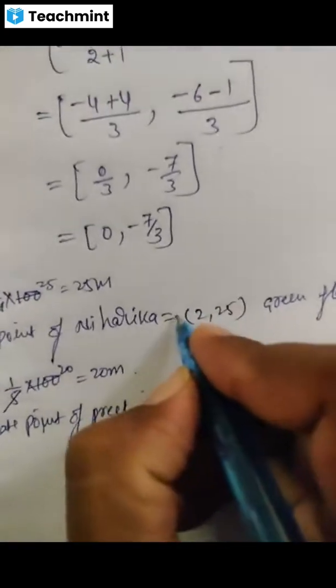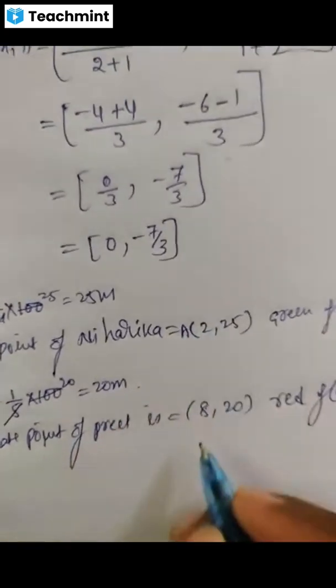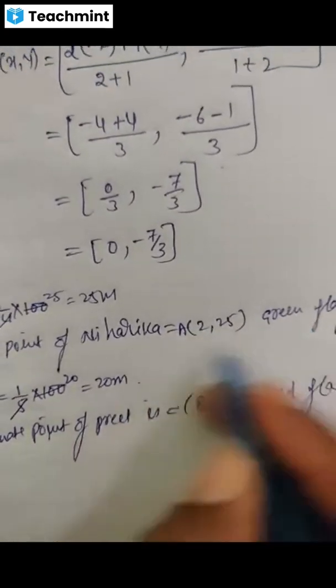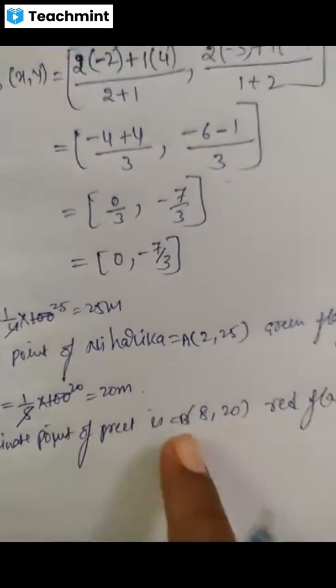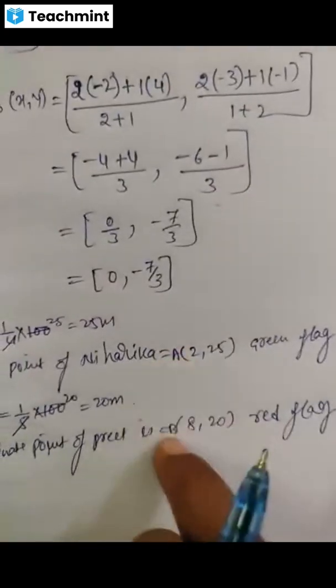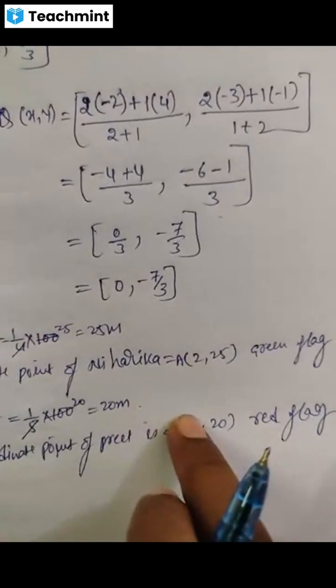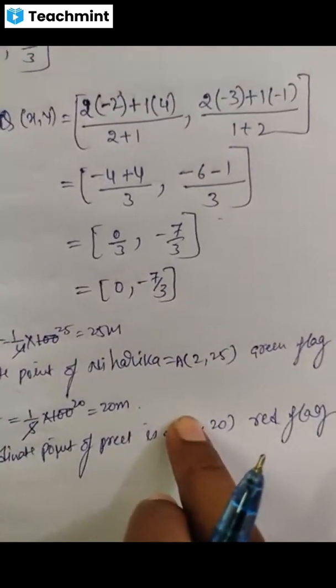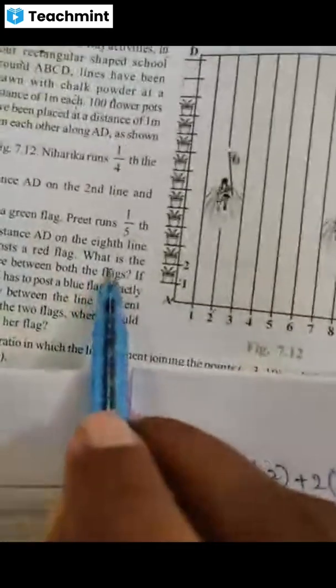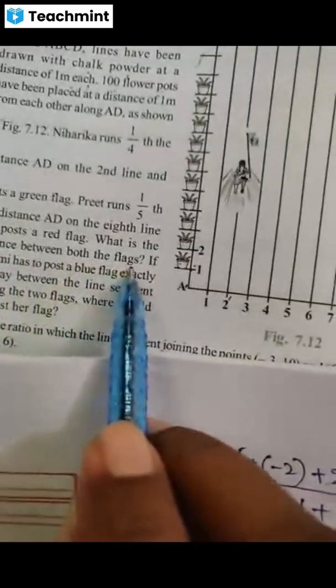So you can call the green flag at position A and the red flag at position B. We can find the distance AB by using the distance formula, right? Yes, sir.